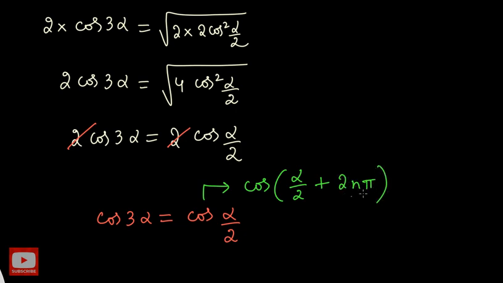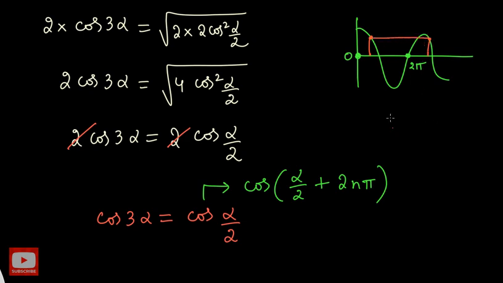So after every 360-degree period, the same value of cos alpha will repeat. You must have seen the graph, right? So the graph will look something like this. So this is 0 and this is 2 pi. After 360-degree rotation, you can see at 0 this was the value, at 2 pi this is the value. In the same way, if this is the value at this point, after exactly 360-degree rotation, the same value will repeat. So that is why we have to add that 2n pi.